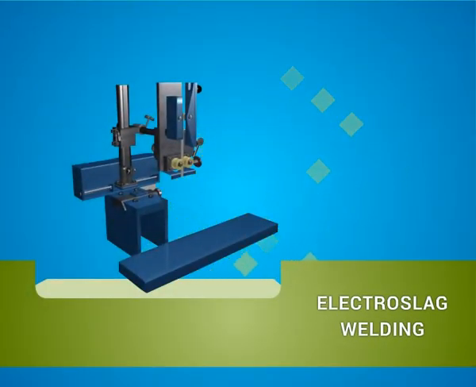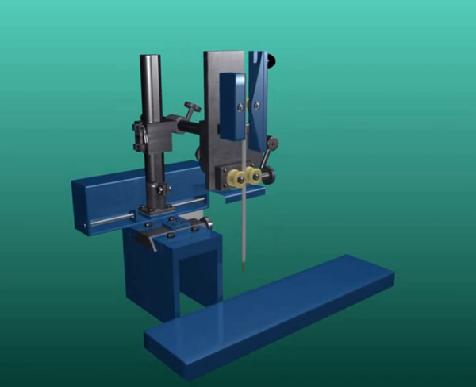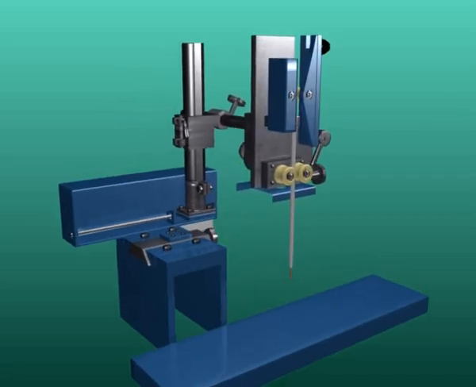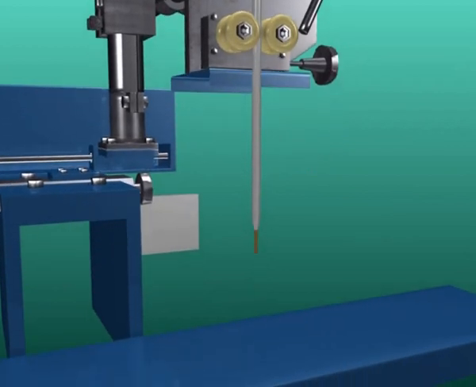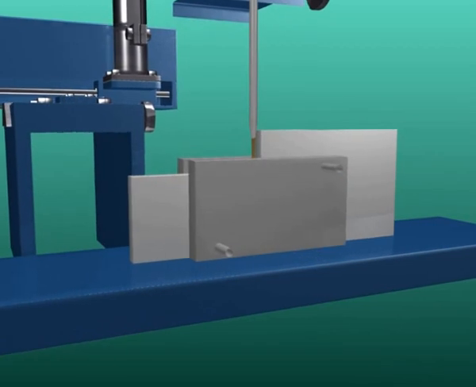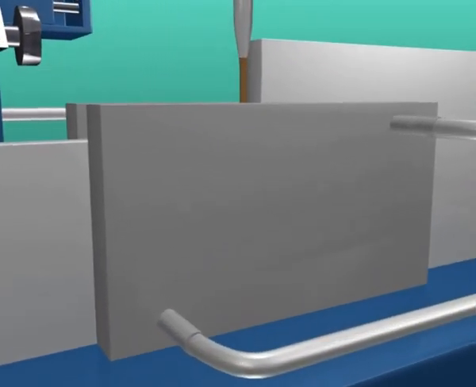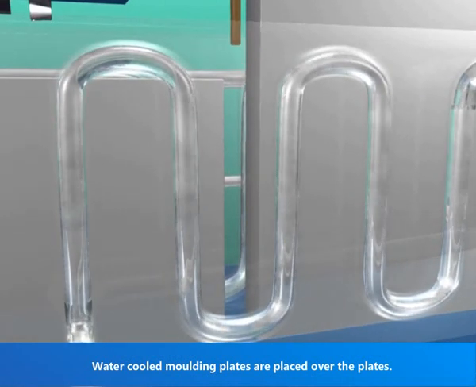Electroslag welding. In this, we are going to see about electroslag welding. Water-cooled molding plates are placed over the plates.